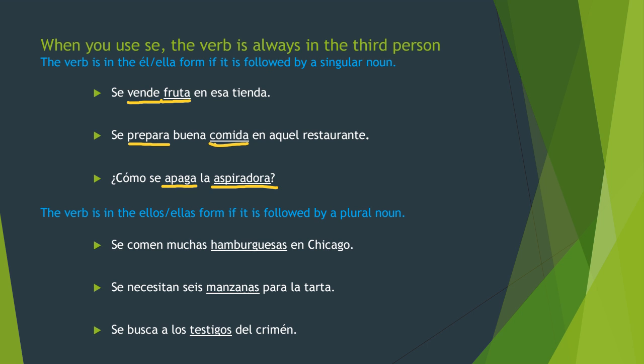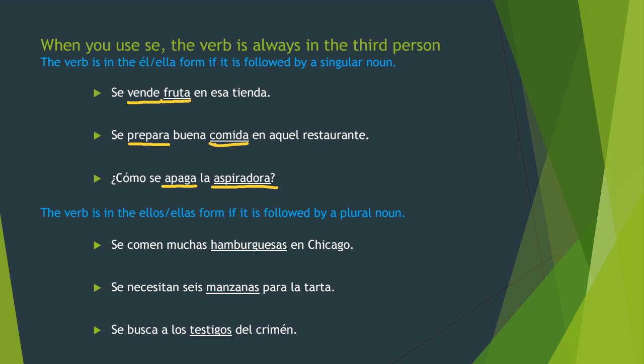Those three verbs get conjugated in the ella form. And then, of course, our reflexive pronoun just goes in front of it, and it's always going to be se.